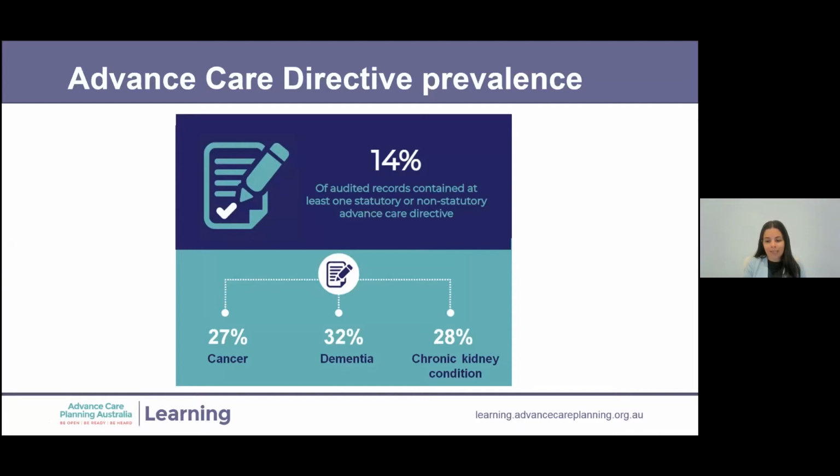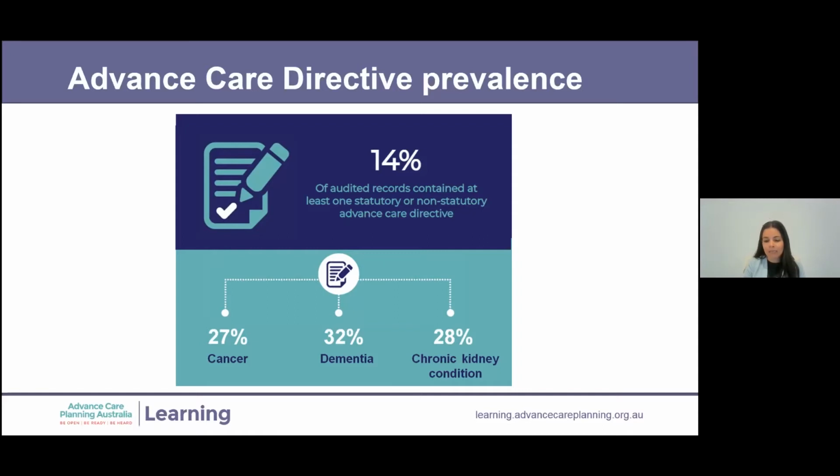When we break that down, it was 6% in general practice, 11% in hospitals, and 38% in residential aged care facilities. So in general practice, around that 5 to 6% mark. As an overall cohort it is 14%, but really bumped up by residential aged care facilities at 38%, which is still not a very high number for residential aged care either, and very minimal in general practice.